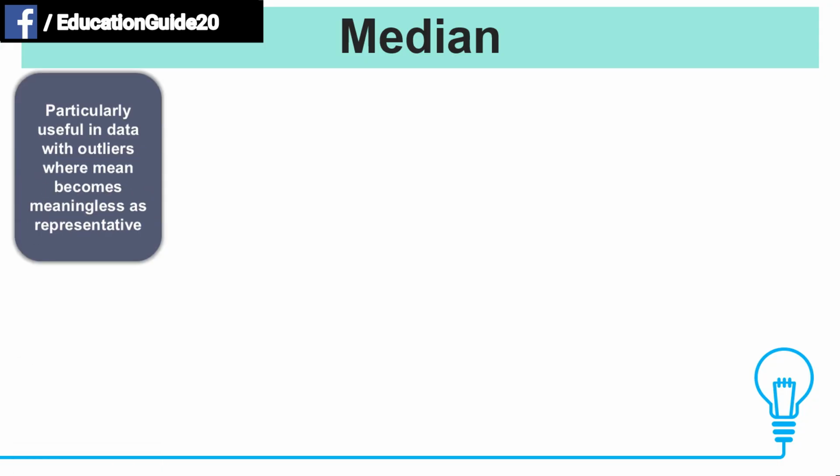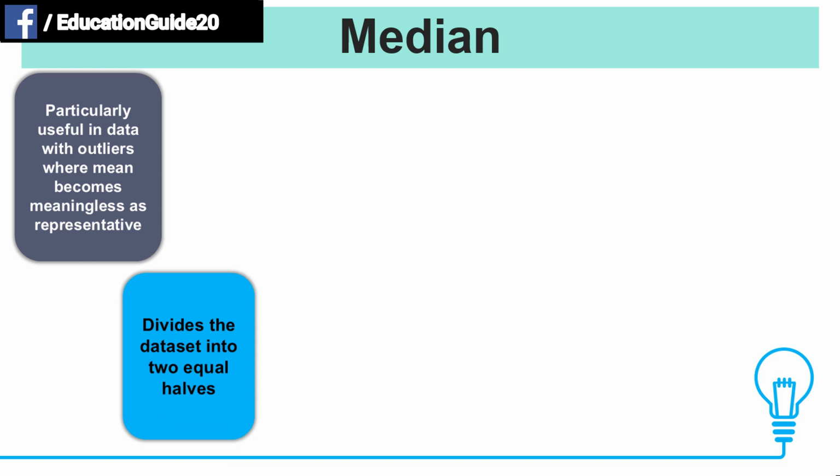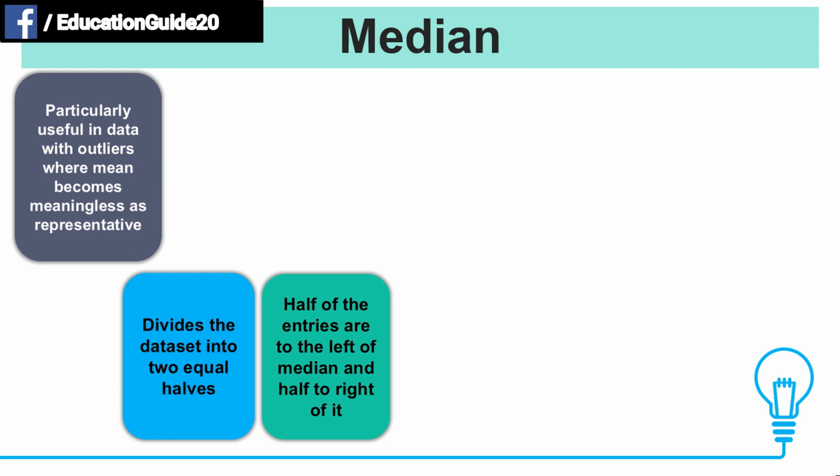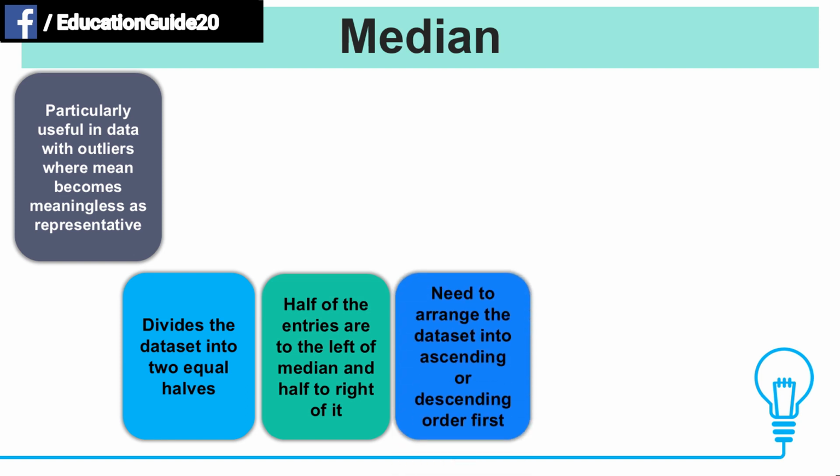Median. It is particularly useful in data sets with outliers where mean becomes meaningless as a representative. Median divides the data set into two halves. An equal number of entries occur on the right and left side of the median. However, we need to arrange the data set in an increasing or decreasing order first.